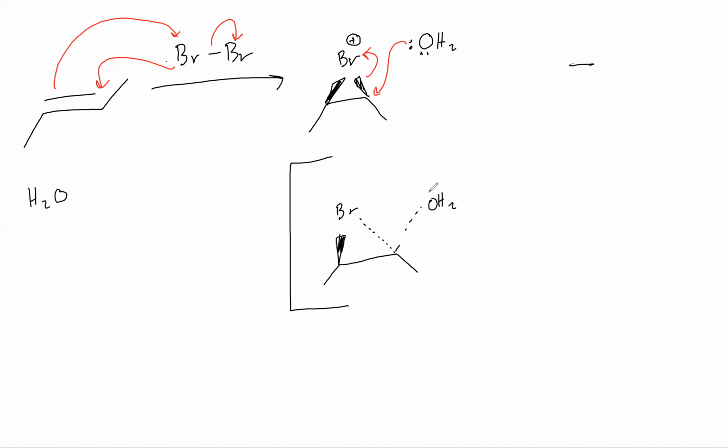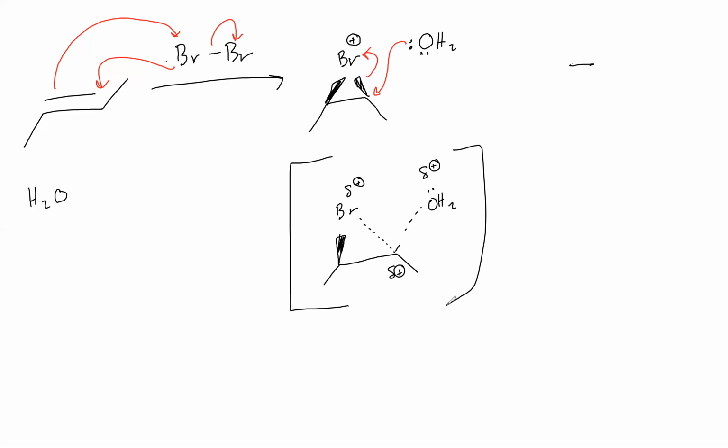So all of these are going to have a partial positive charge, because the bromine's bond is breaking, the carbon's bond is breaking, and the O–H bond is being formed. The idea of a partial positive charge is the same thing as a regular carbocation. The more substituted it is, the more stable it is.